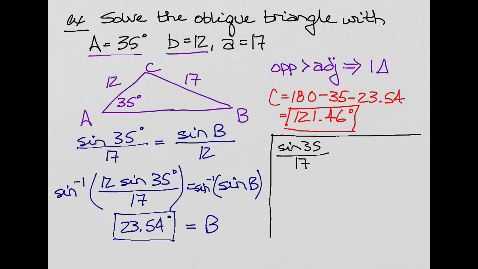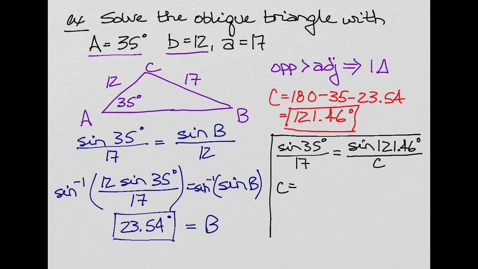That's the sine of A over a equals the sine of, and again, I'm writing down 121.46 degrees, but I'm going to use in the calculation all the decimal places, over, I don't know. That's what we're looking for. So I'm going to multiply by 17, multiply by c, and then we'll divide by the sine of 35.